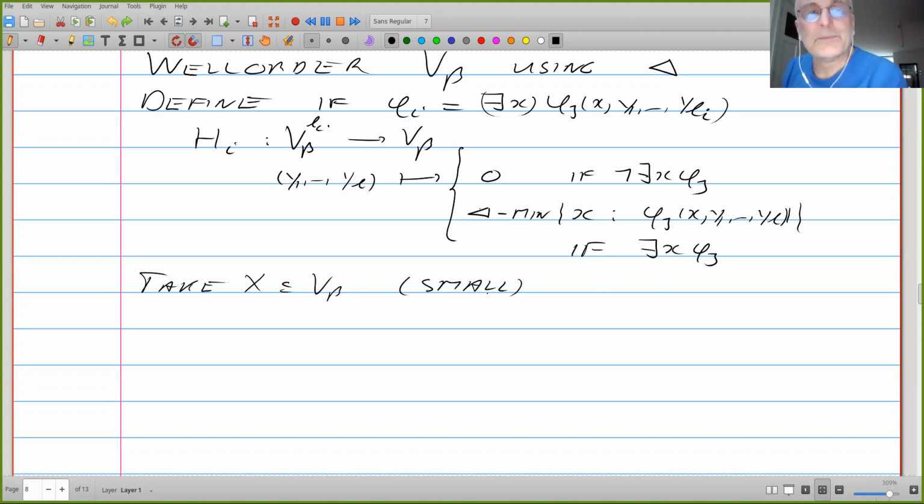Actually, it doesn't really matter what the cardinality of X is if you look at the proof, because what we know is that V beta is closed under all the mappings F. Here's what we do.